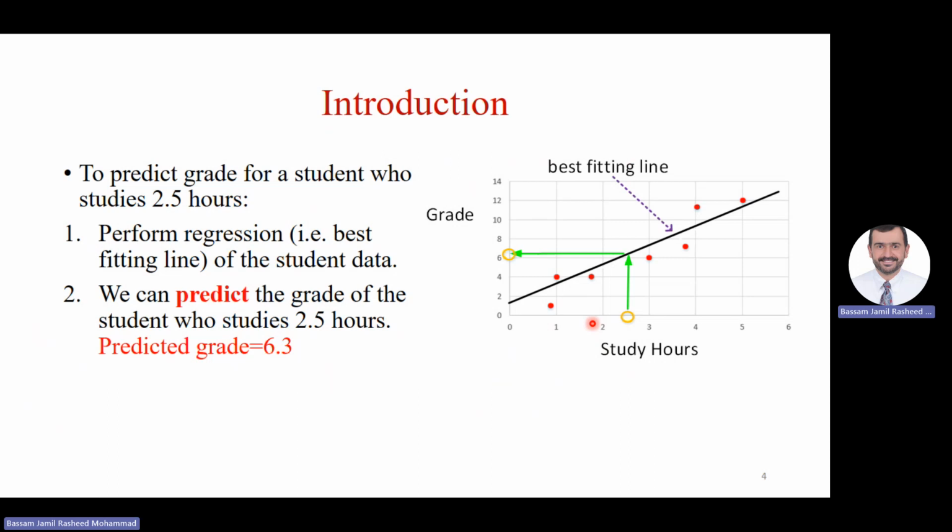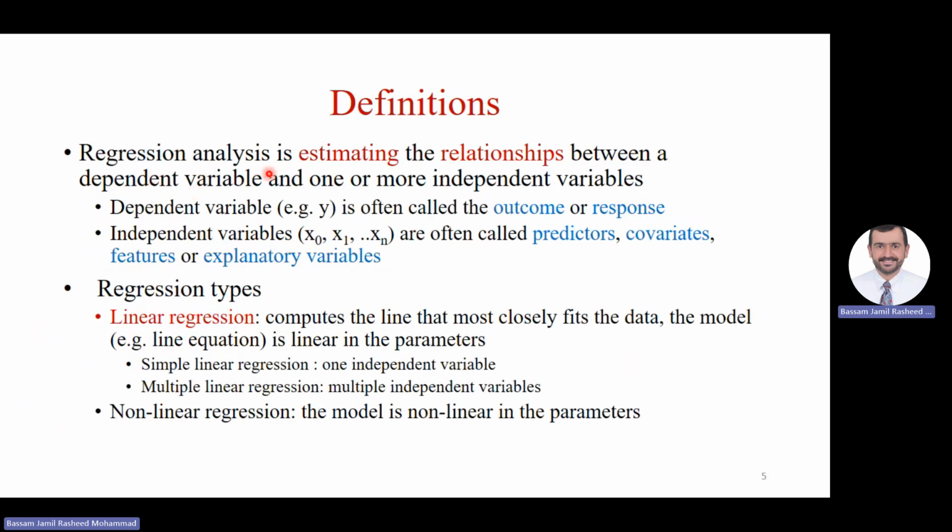So let's go through the definition one more time. Regression analysis is estimating the relationships between a dependent variable and one or more independent variables. The dependent variable is often called the outcome or the response. You can see that in other textbooks or lectures.